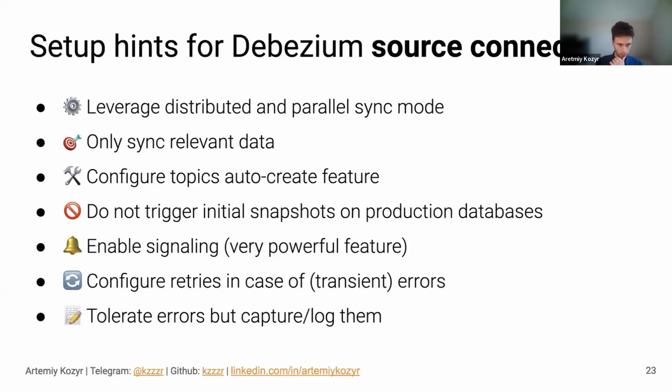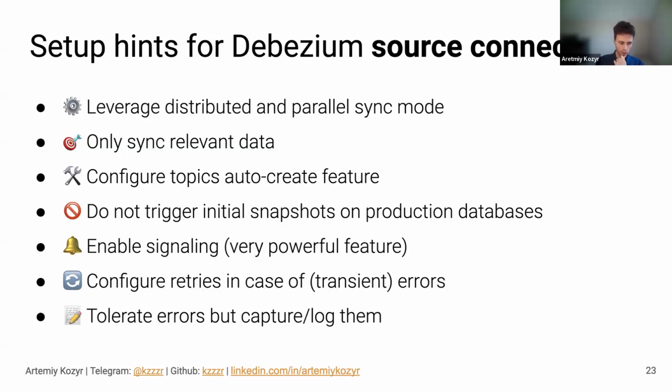So you would want to leverage distributed and parallel sync mode. Since you would probably have a cluster database, you would want to use all the resources available to keep up with the ongoing changes.